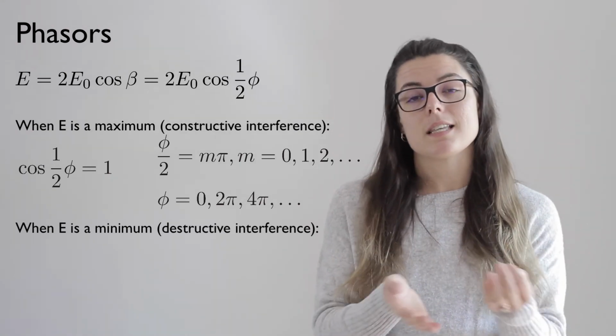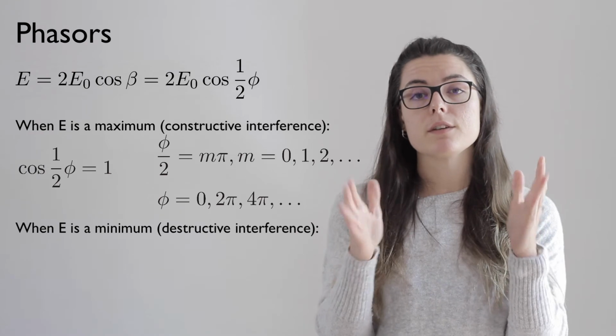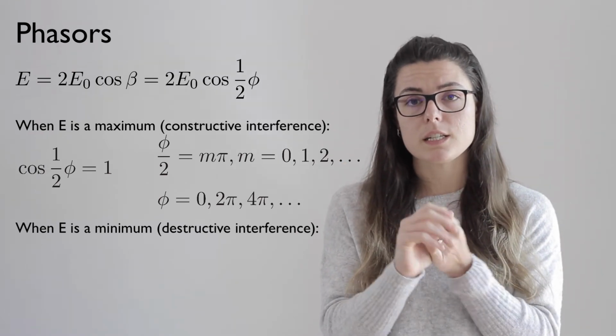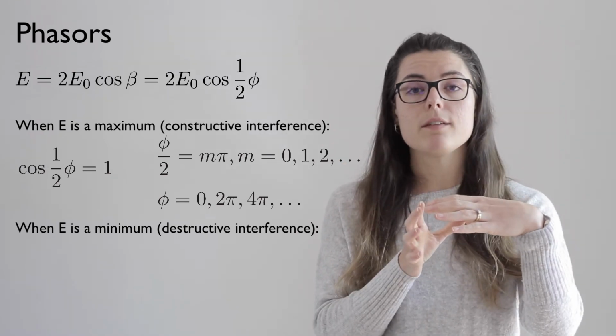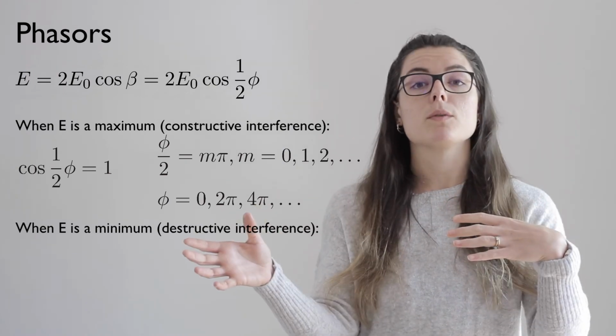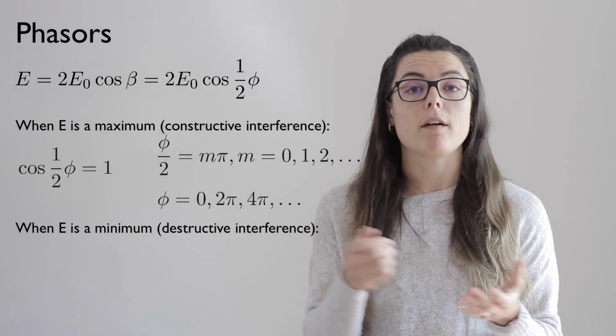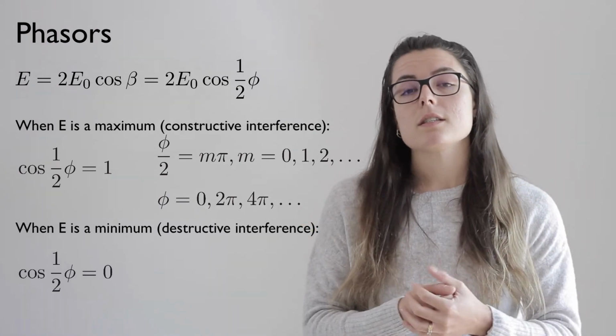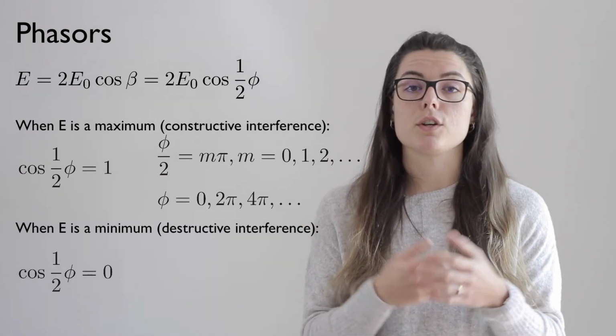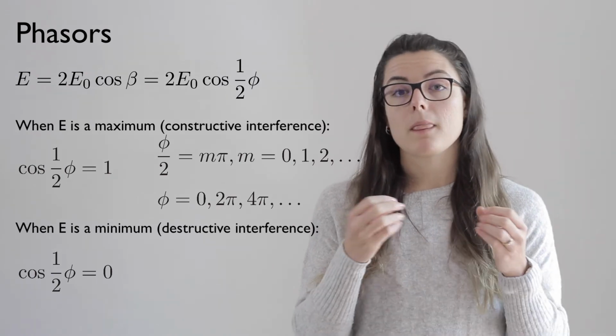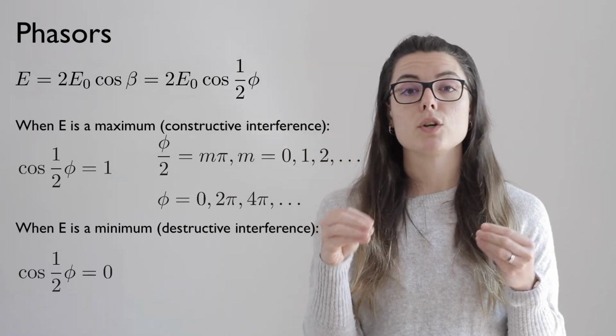So these are our multiples of our wavelength, remember? So this all makes sense. When we have constructive interference, we expect a phase difference between the two waves of multiples of the wavelength, and this is exactly what we see happening at 0, 2 pi, 4 pi, etc. The resultant is going to have an amplitude of 0 when cos phi divided by 2 equals 0.